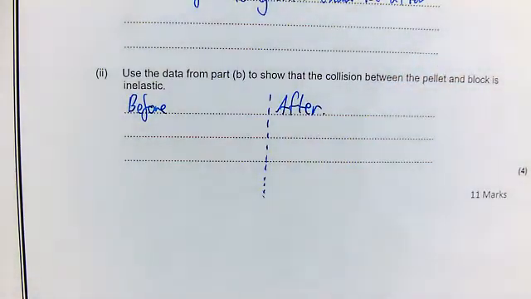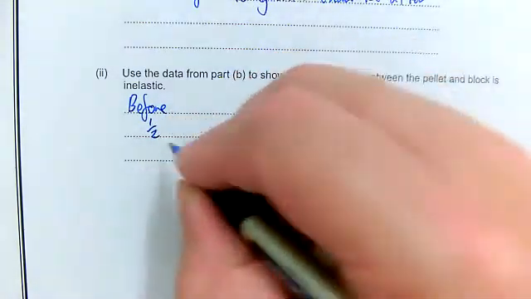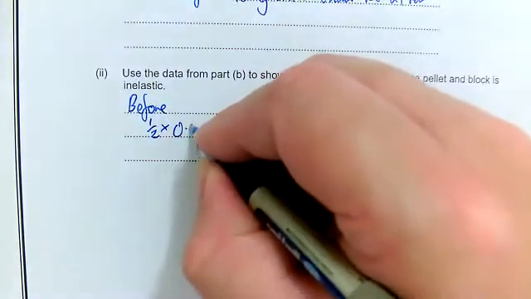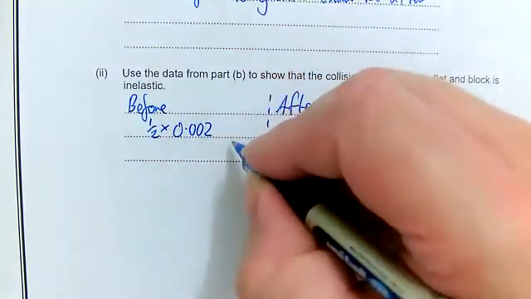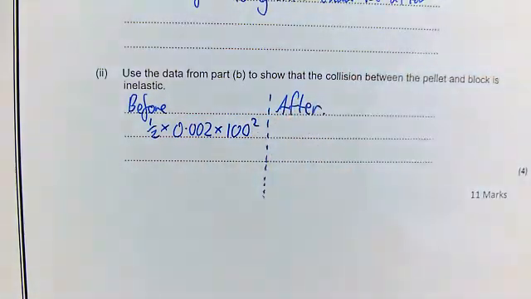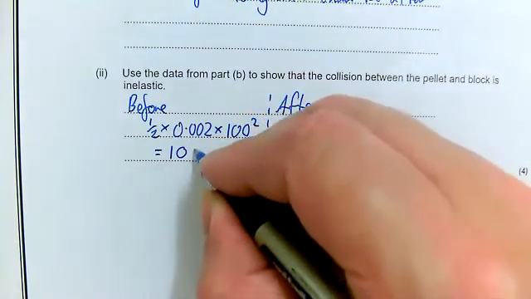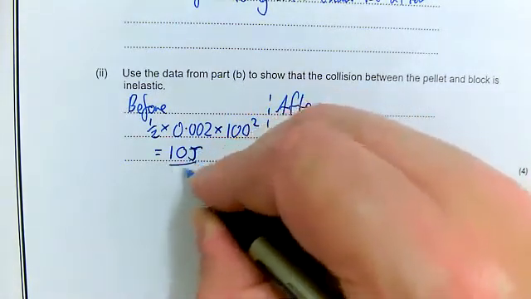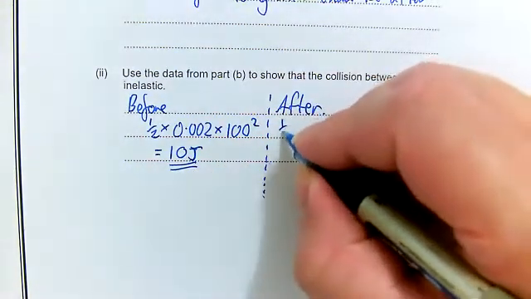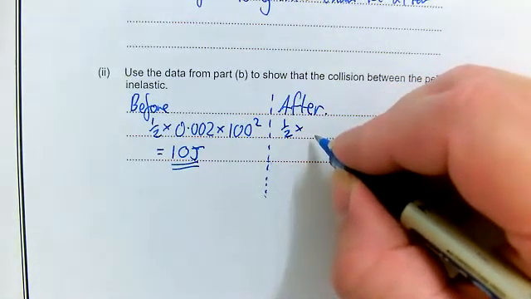So before the collision, we know that the kinetic energy is a half mv squared. So it's a half times the mass of the pellet, which is 0.002, multiplied by its speed, which is 100 squared. Comes out to be, well, more or less 10 joules. And then afterwards, it's a half mv squared, a half times the mass of the block, the bullet and the trolley together.